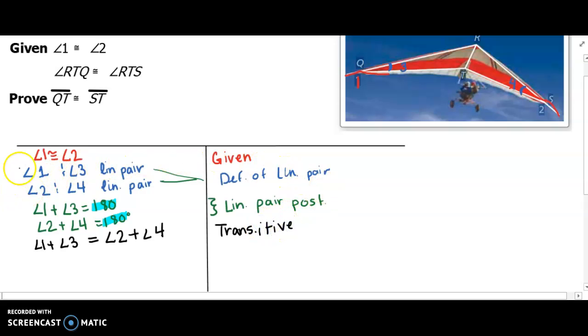Okay, we'll now go back to what's given. Remember when we started proofs at the very beginning, I told you that anytime they're given that two things are congruent, think substitution. So let's substitute angle 2 in for 1. So I could say angle 2 plus angle 3 equals angle 2 plus angle 4. All I did here is substitute.